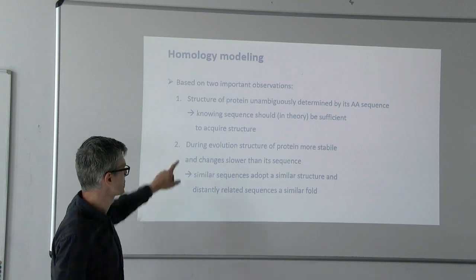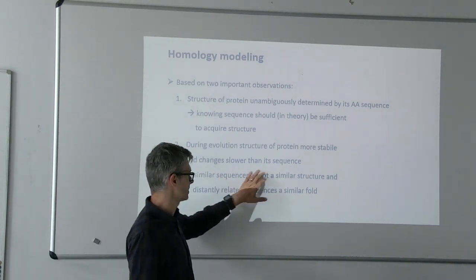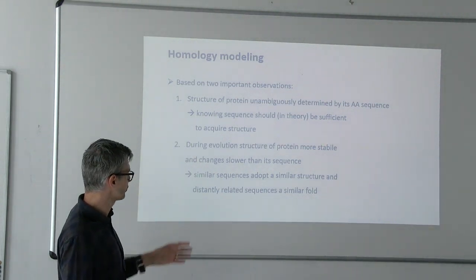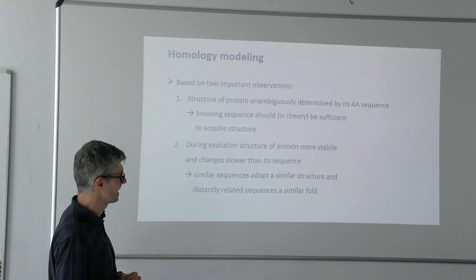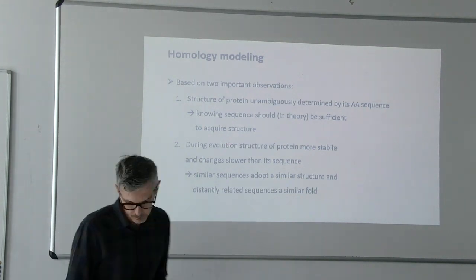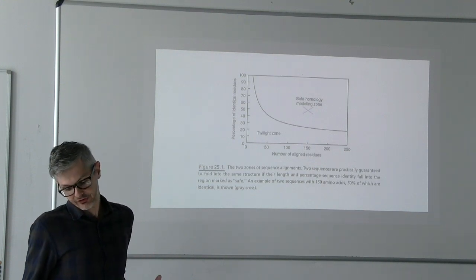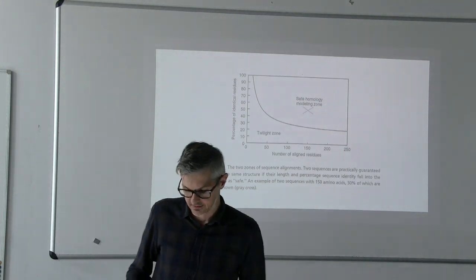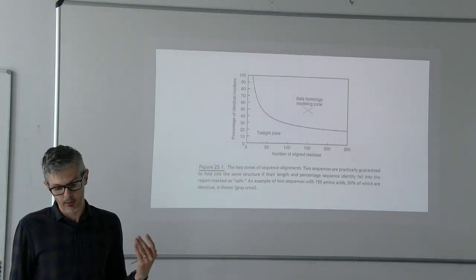So that's possible. Similar sequences can adopt a similar structure, but also distantly related sequences can have a similar fold and a similar function. Of course, you have to try to find these homologous sequences to be able to do homology modeling.